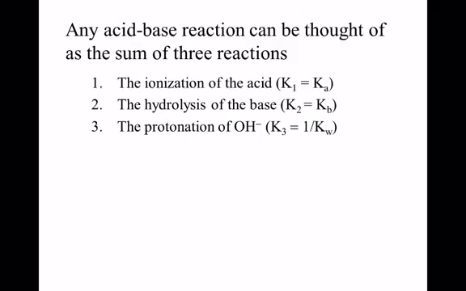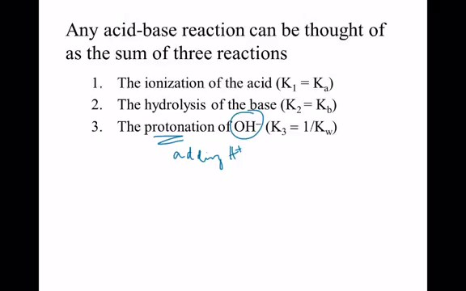And then the neutralization step. Just think, what does protonation of hydroxide ion mean? Protonation, think H+. Protonation means adding H+. Protonation of hydroxide. So wow, H+ plus OH- gives you water. Okay, so that's the making water step.